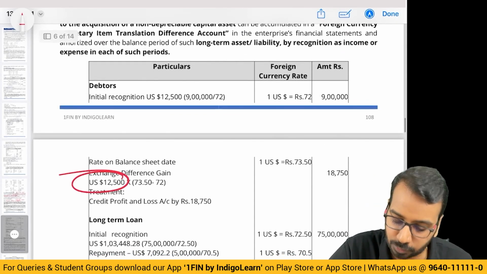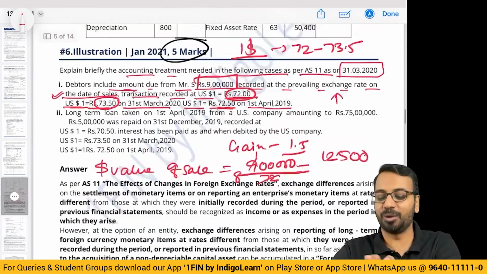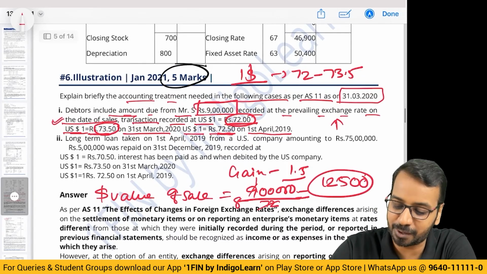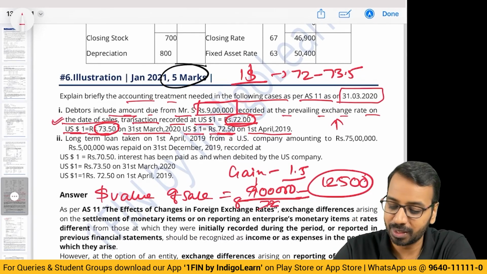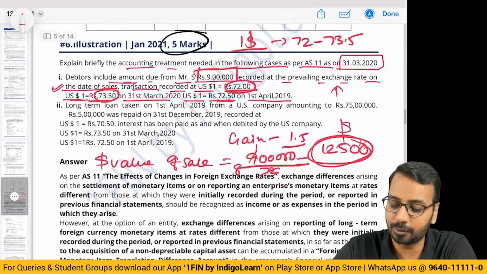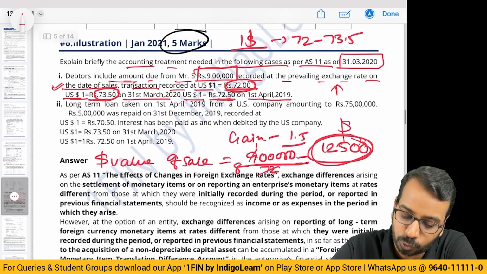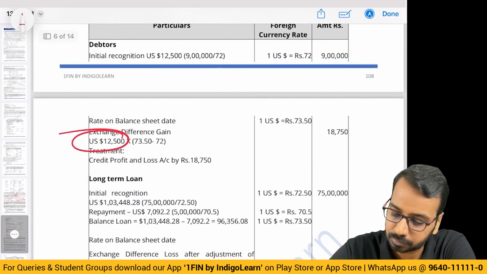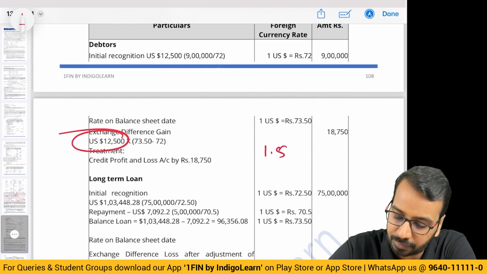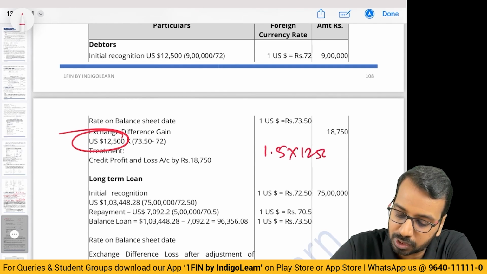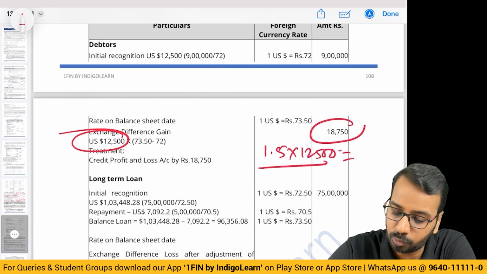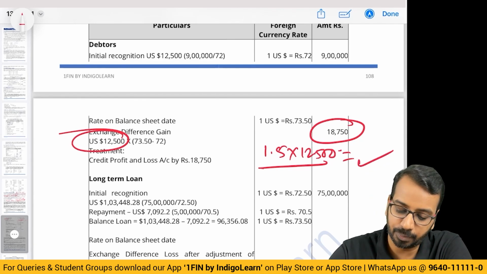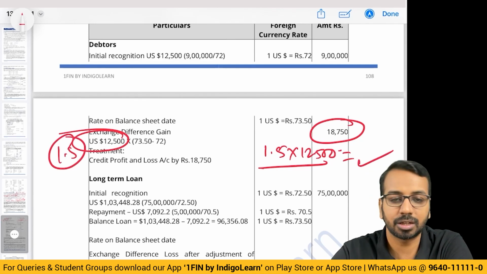You can use your calculator, no need to do it manually. I sometimes make mistakes also, but I like to do it manually. So 12,500 is the dollar value. It has increased from 72 to 73.5. So the gain is 1.5 multiplied by 12,500, that is equal to 18,750. Very simple. 1 or 1.5 marks, you will directly get it here.